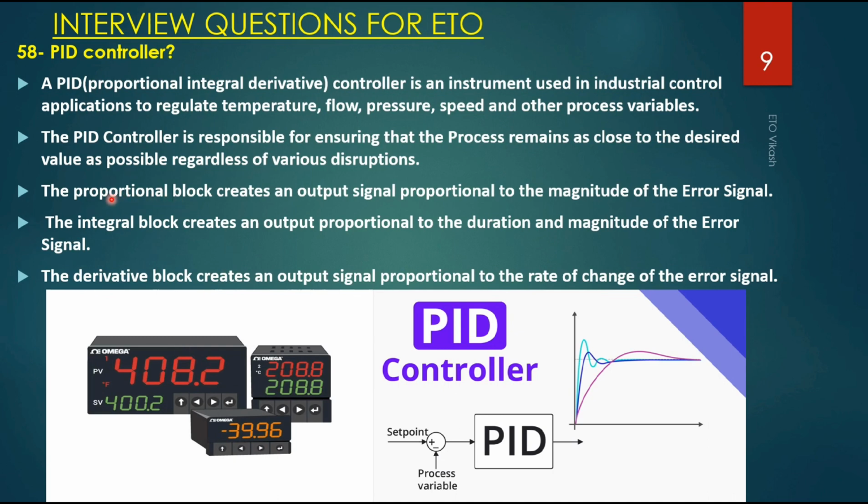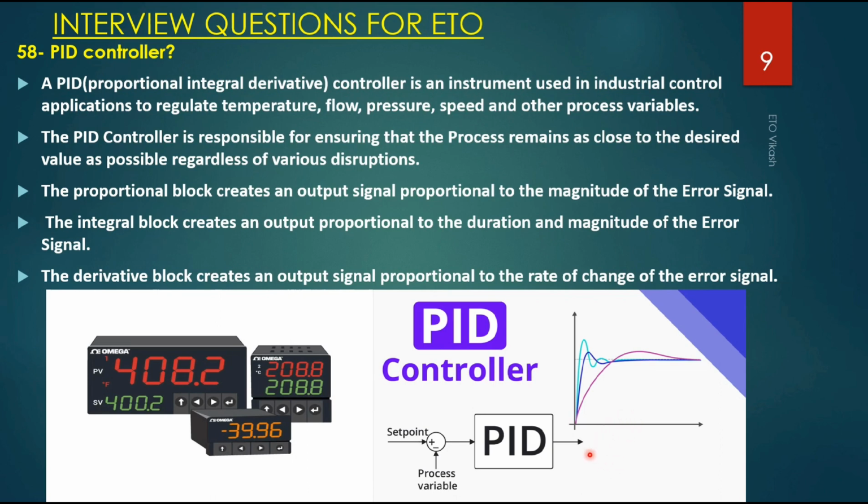So in PID, P, I and D, proportional, integral, derivative, every block has a different function and is used for different reasons. Here the proportional block creates an output signal proportional to the magnitude of the error signal. Like here, set value and process value, and the PID will be there to maintain the temperature.